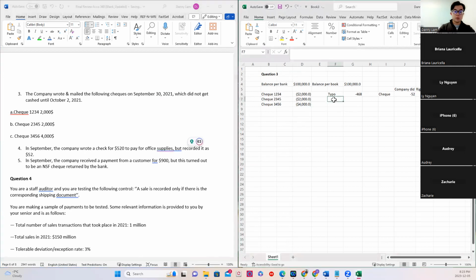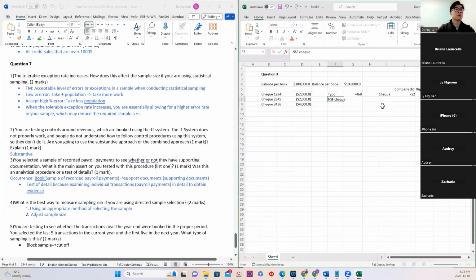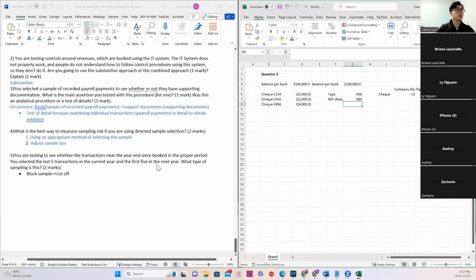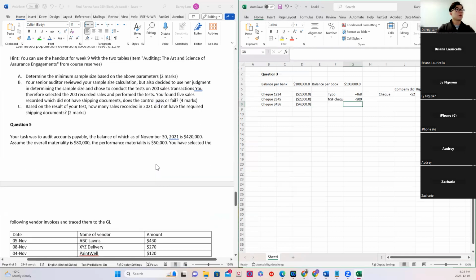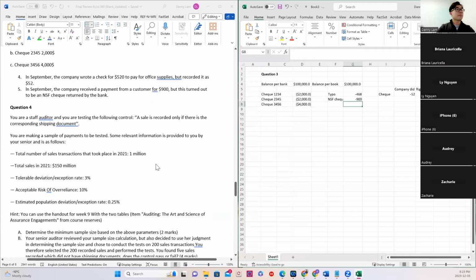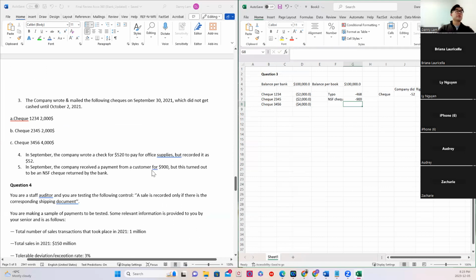Okay, so let's say unnecessary, and it would be negative. Yep, negative 900. Yeah, so Felix, good, good. So let's just go back to the question. They receive a payment from a customer for 900, but this turns out to be an NSF check returned by the bank. So the book you have to adjust for it.